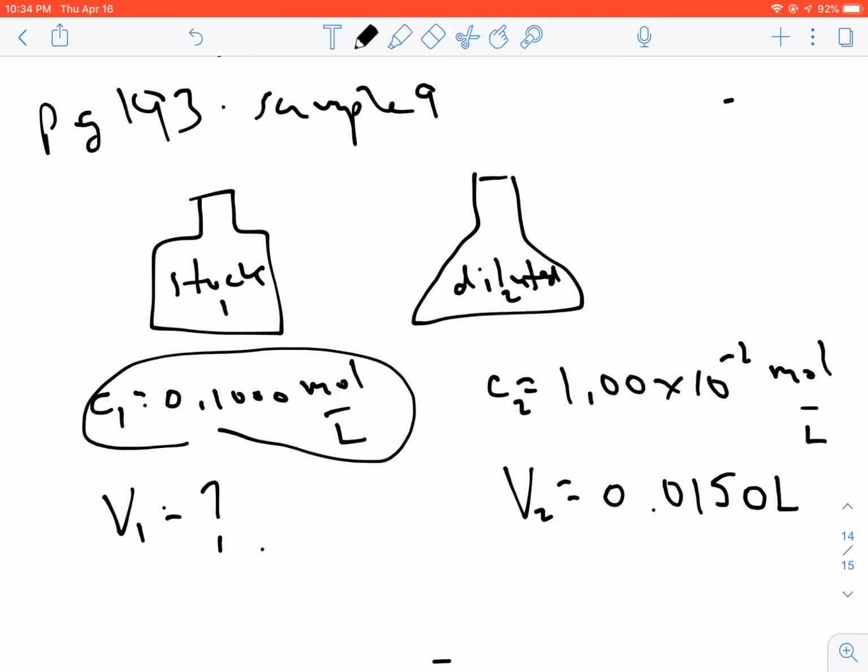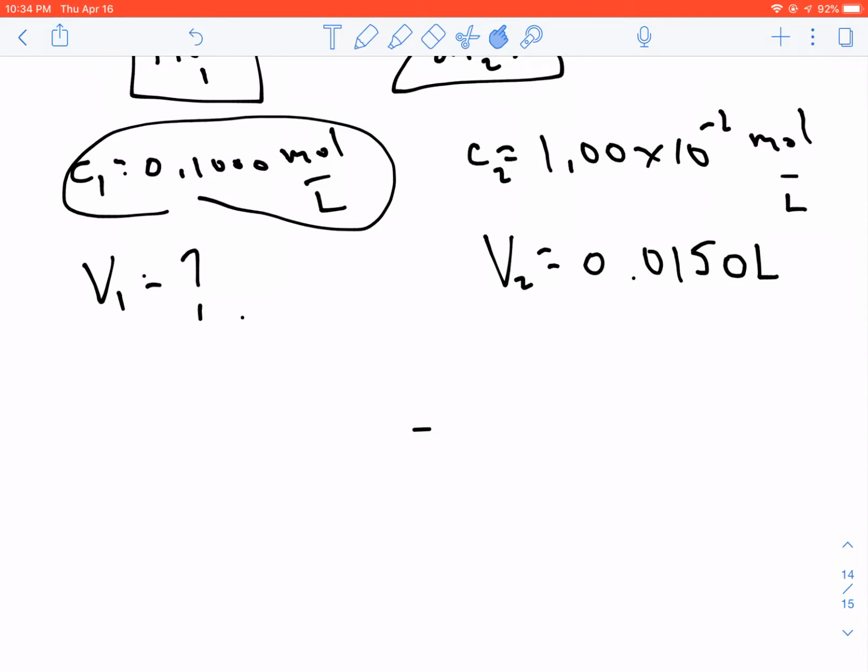So now my formula says C1 times V1 equals C2 times V2. Now, my unknown here is V1, right? How much stock solution do I need to add? So here's my V1 here. How am I going to get V1 out of this equation? Well, I need to get rid of the C1 that's over here too.